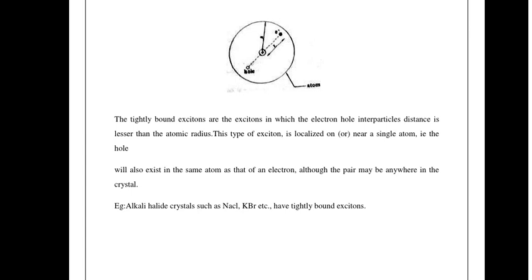The electron-hole interparticle distance is smaller than the atomic radius, even very much smaller than the atomic radius itself. So it is very near, and so the force is also more. That's why it is called a tightly bound exciton. This happens in alkali halide crystals such as sodium chloride and potassium bromide, etc. So they have tightly bound excitons.